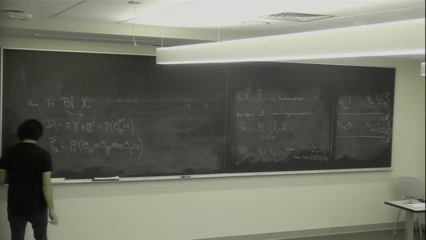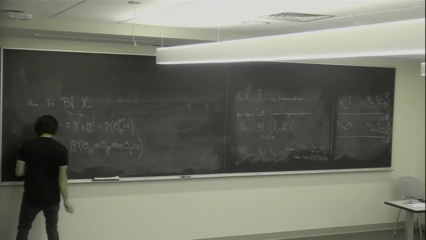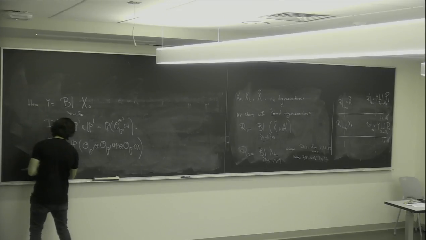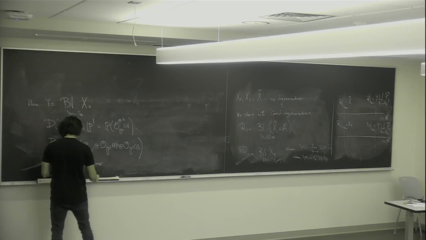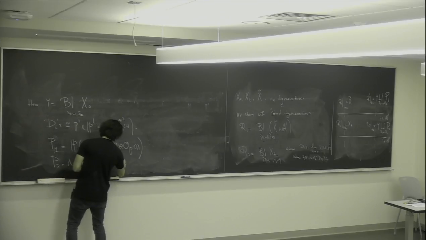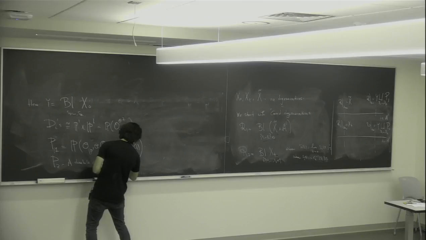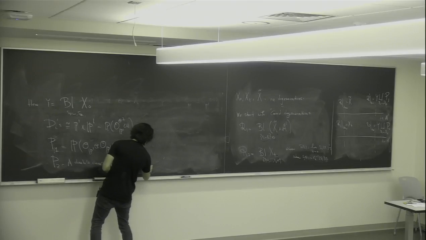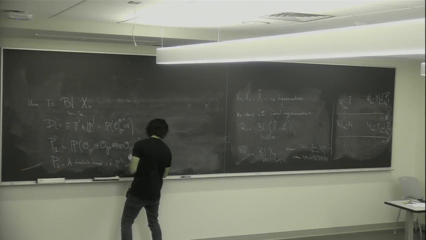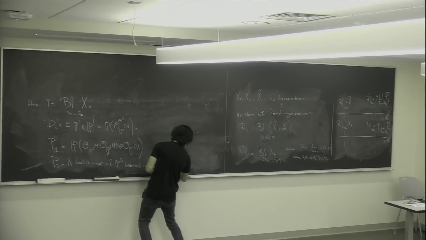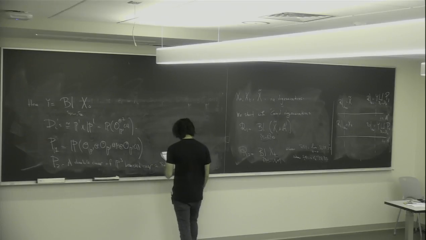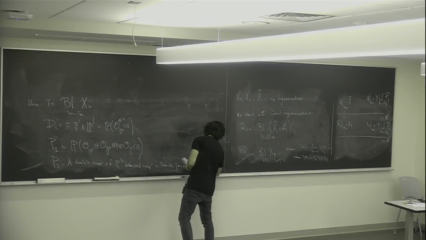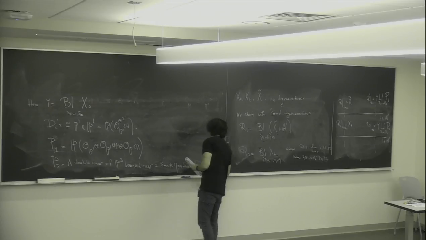And P2 turns out to be a double cover of P3 branched over a smooth quadric surface, which is isomorphic, obviously, to P1 times P1.